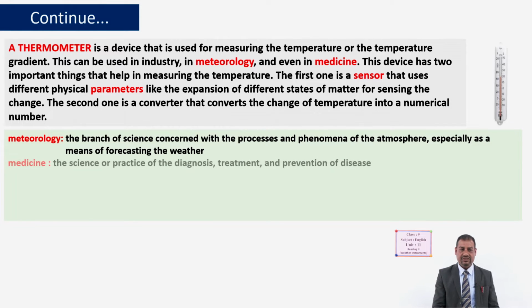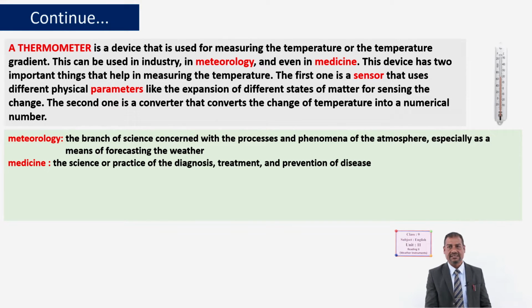Now next word, medicine. So what does it mean? Medicine means the science or practice of the diagnosis, treatment, and prevention of disease. Don't forget to write down in your exercise book. Next word we have is sensor. Okay, sensor. What does it mean? You can make a guess.